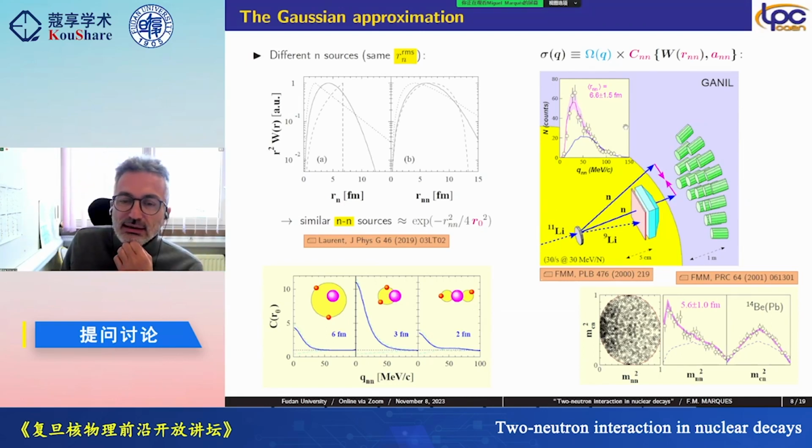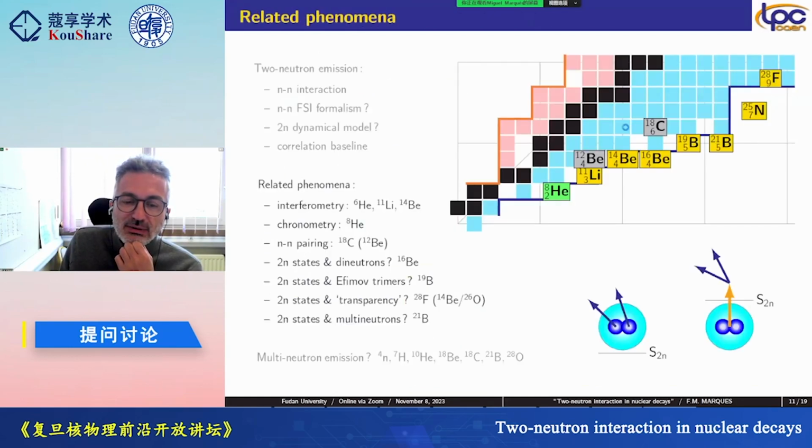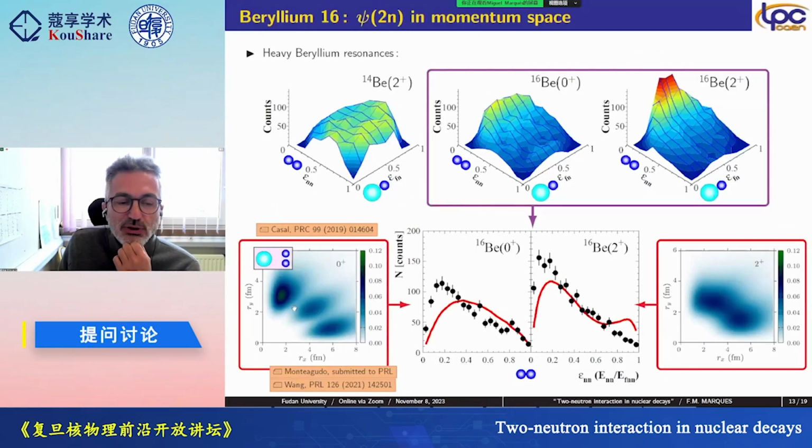But in the case of beryllium-16, we have seen this. You have a microscopic wave function that is very compact, and you have a signal, but then you can have a microscopic wave function that is very diffuse, and you have an even stronger signal. So in Belen's PhD, she made the exercise to try to fit this using the final state interaction model. And she found some neutron-neutron distances, but they are in contradiction with this wave function.